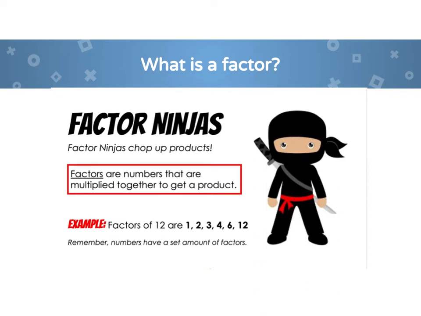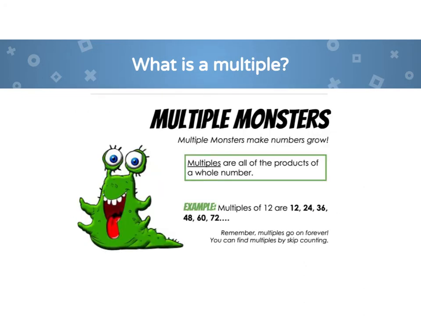Like the number 12, the factors are 1, 2, 3, 4, 6, and 12. It's finite, it's limited. And remember what a multiple is? A multiple can go on to infinity. Our multiple monsters can grow large and never stop growing.